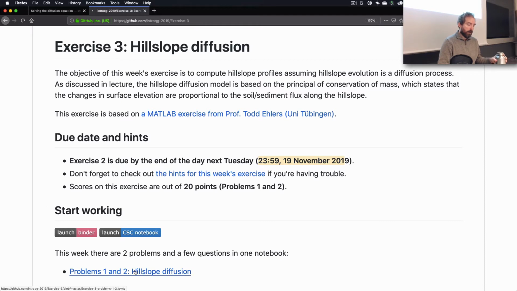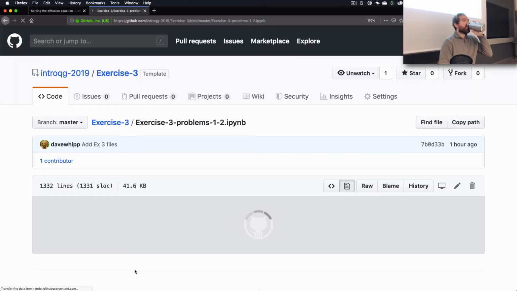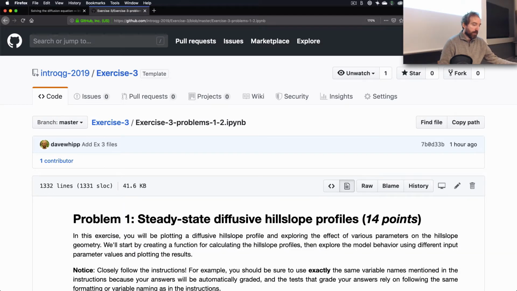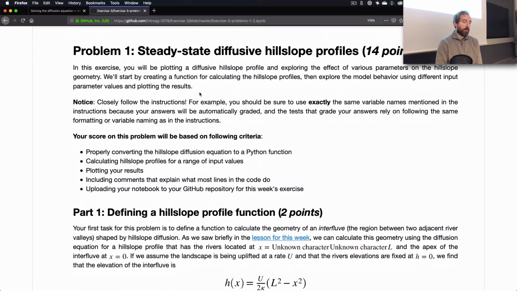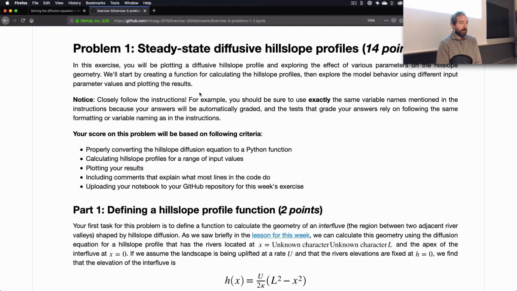Let's take a look here at what our 2 problems have. By the way, this exercise 3 is available. The public version of it is up on the course page. So if you go to github.com/introqg-2019/exercise 3, you should be able to find this already, even though I haven't put the link live yet for the GitHub Classroom.